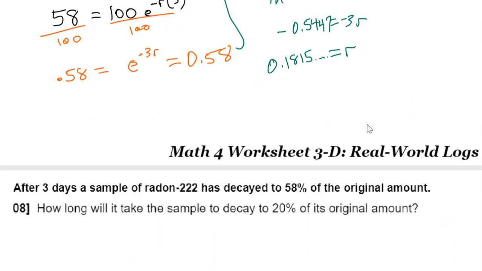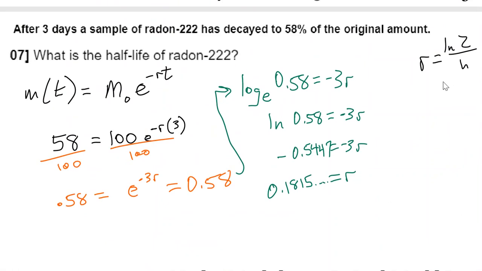And so we actually can switch this out like that. And so now we're talking about natural log of 2 over 0.1815 and so on. And so I'm going to call up on this calculator natural log of 2, close the parenthesis, divided by second answer.